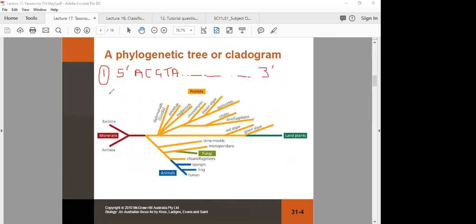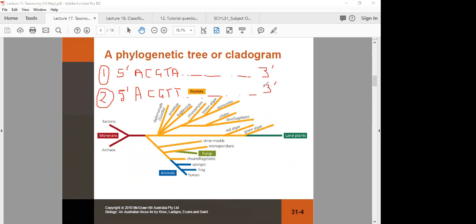Okay. And then they take the nucleotide sequence of the ribosomal RNA gene from another group of organisms, and they find that the sequence is A, C, G, T, T. Okay, there we go. Won't worry about the rest of it.